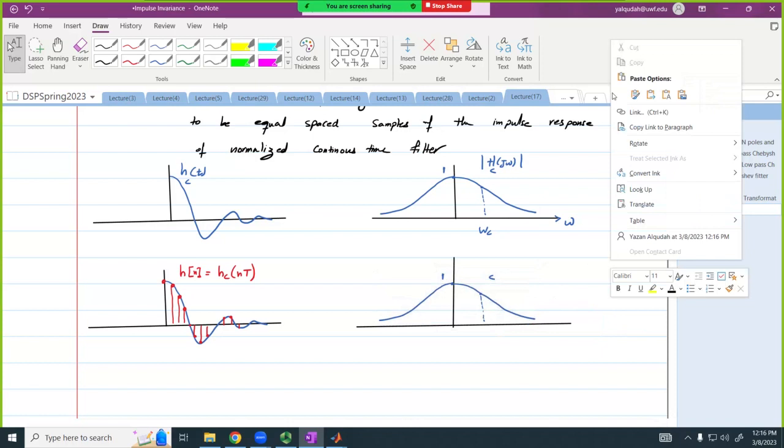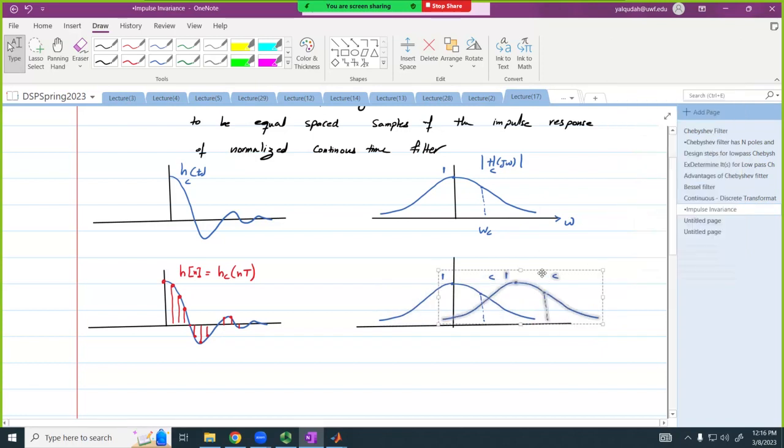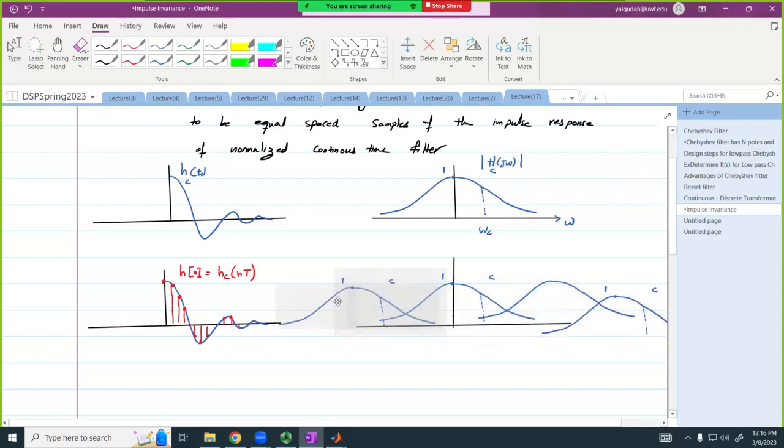Here is one. Here is two. Here is a 3, and it's going to go all the way to where? To infinity. Remember, sampling in the time domain is going to cause the spectrum to start repeating.